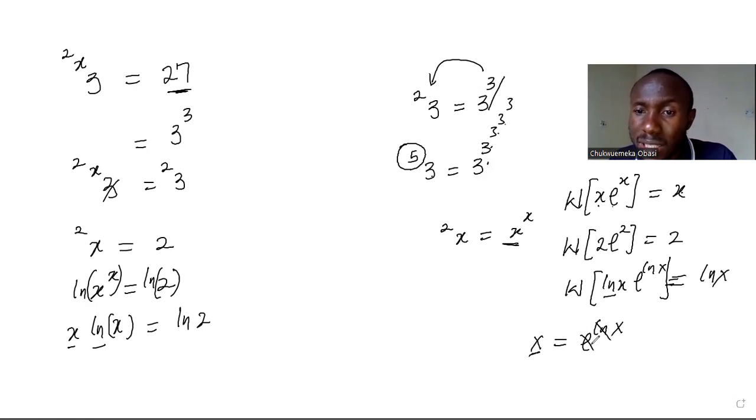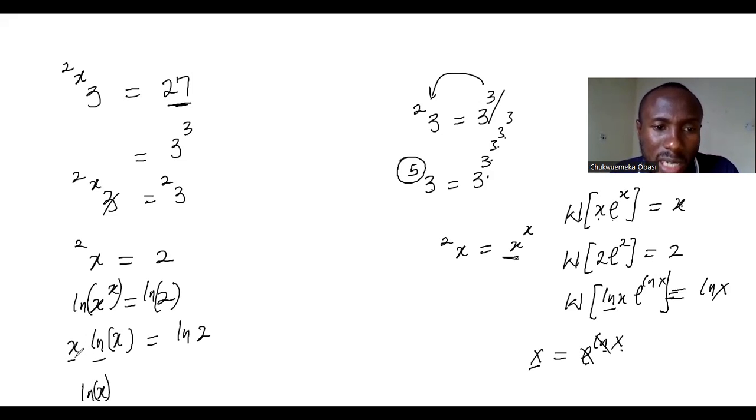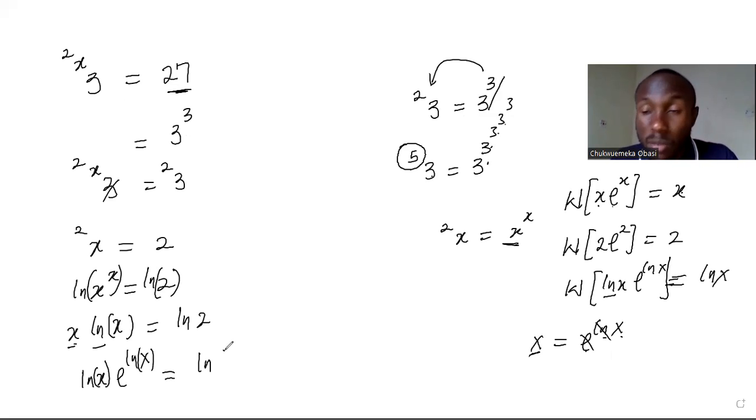So you know that x can be written as e exponent ln x. So I'll go further to write these as ln x times e exponent ln x, which is equal to ln 2, right?